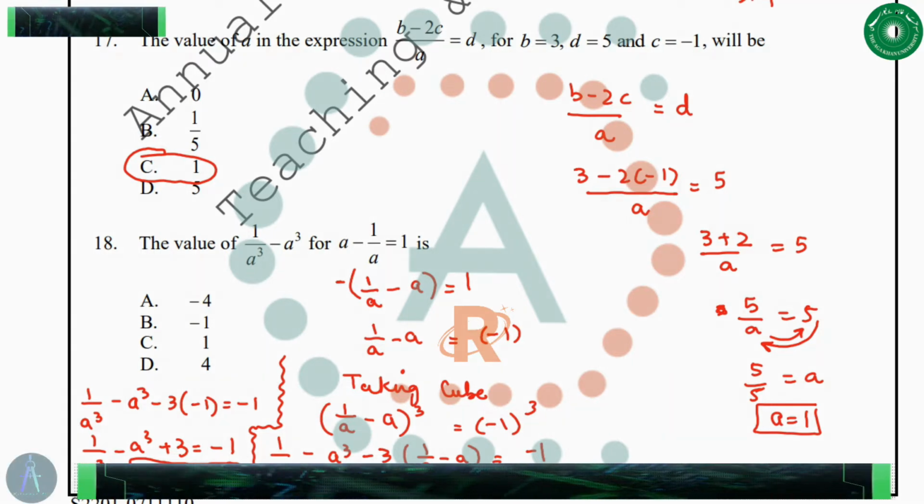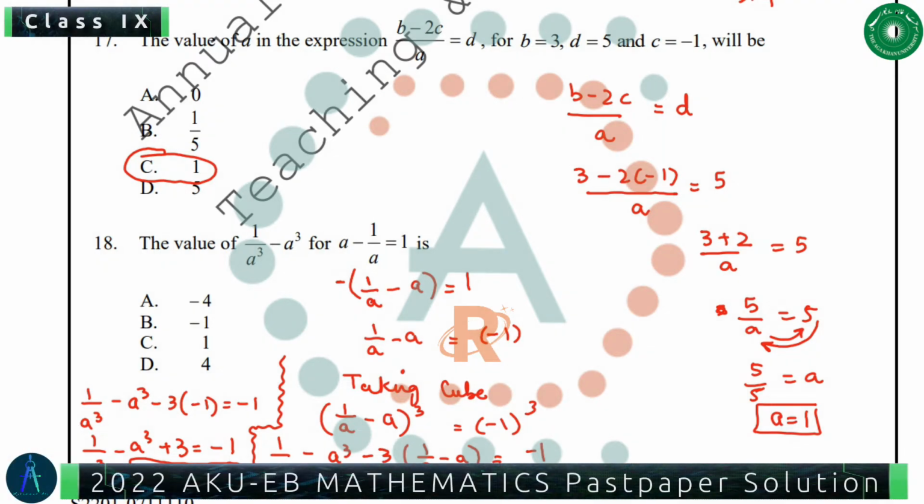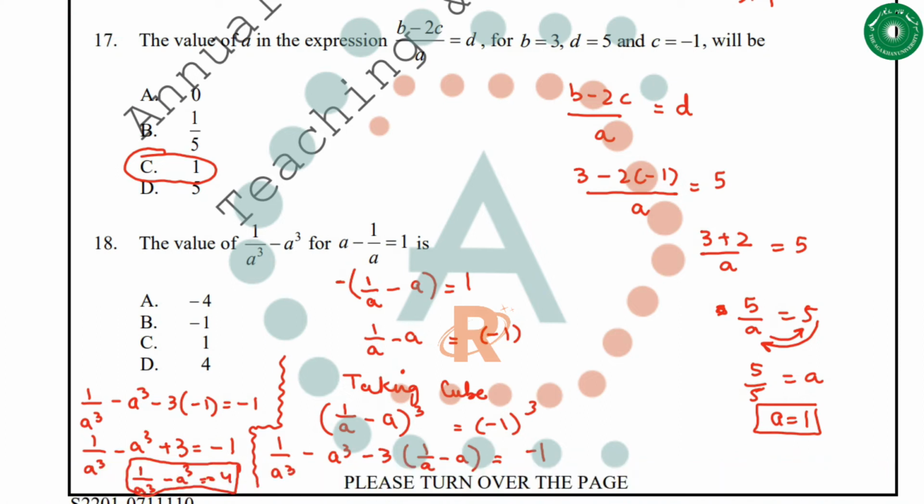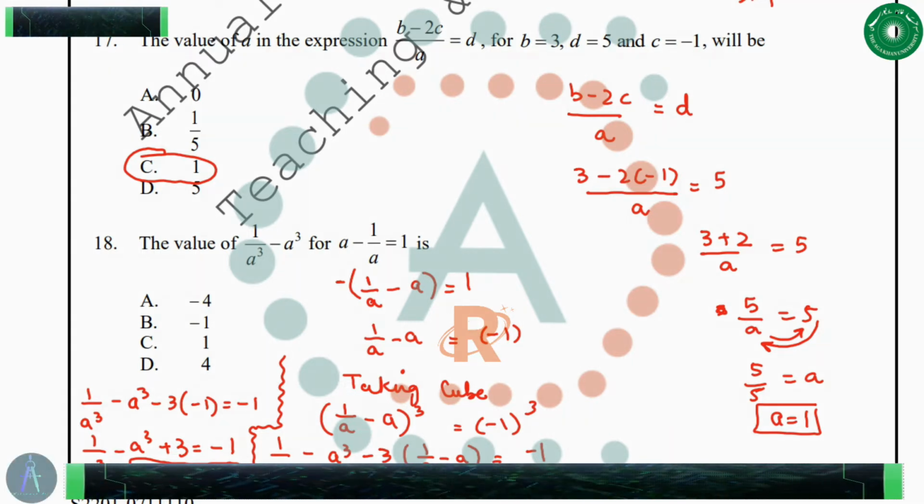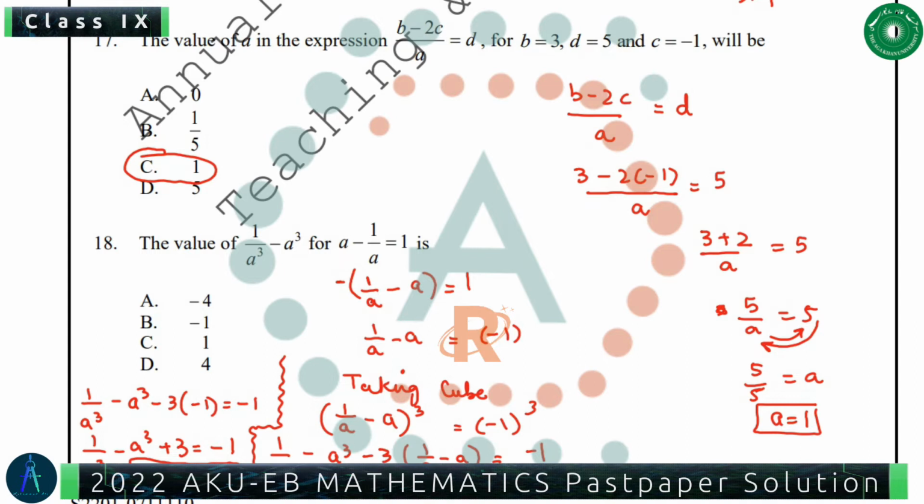Then we applied the whole cube formula, and after applying the formula we simplified it, as you all can see in this solution. So we get the value of 1 over a cube minus a cube equals minus 4. So option A will become the correct answer.